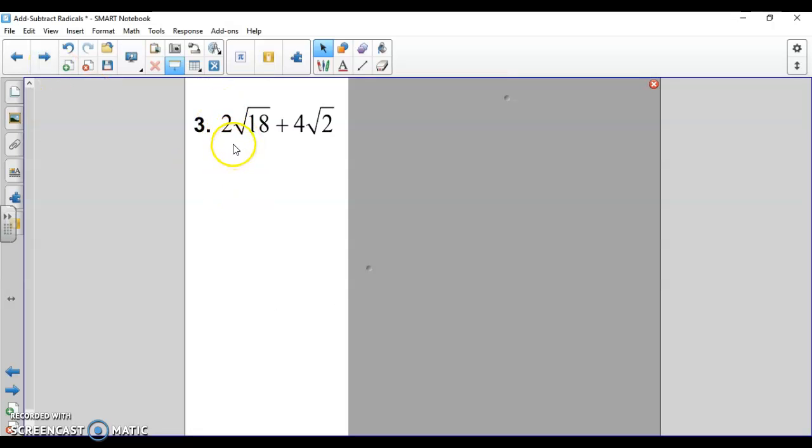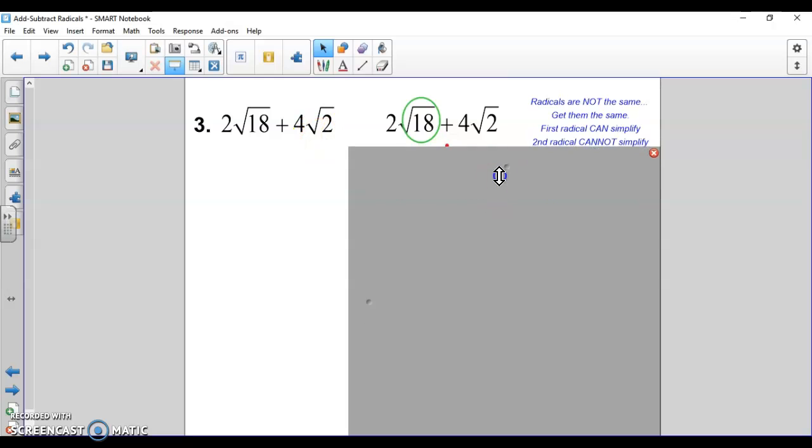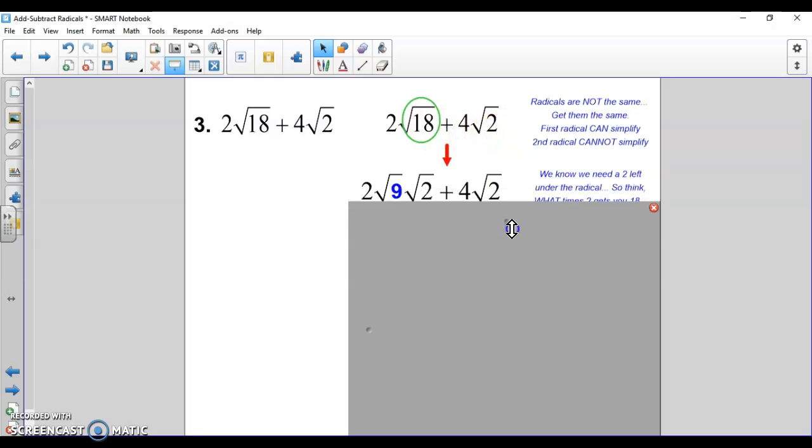We have 2 radical 18 plus 4 radical 2. Now, if we look, the radicals are not the same. We have to get them the same. The first radical can simplify, but the second one cannot. So our goal is to get a 2 underneath the radical. So you think to yourself, what times 2 gets you 18?